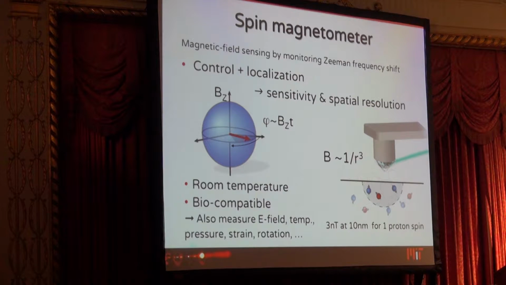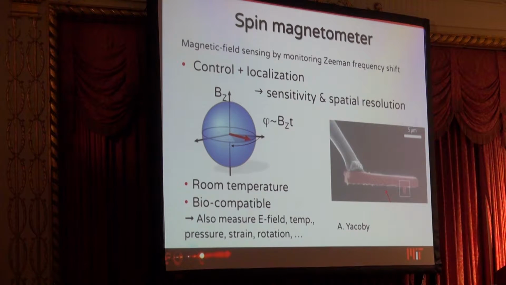But this cartoonish picture has actually been made a reality soon afterwards. This is an AFM tip to which is attached a little diamond slab with a diamond pillar that contains one of these NV centers. So we really have the possibility to use this type of system to detect magnetic fields with this combination of sensitivity and spatial resolution, but it's not the only advantage.